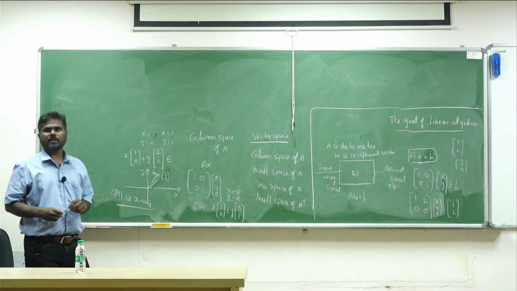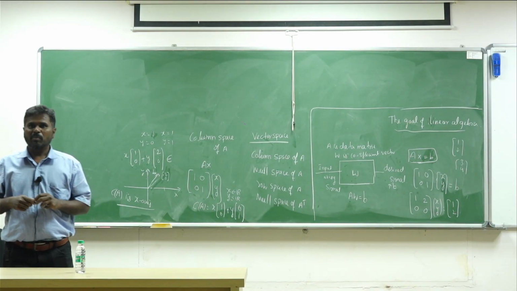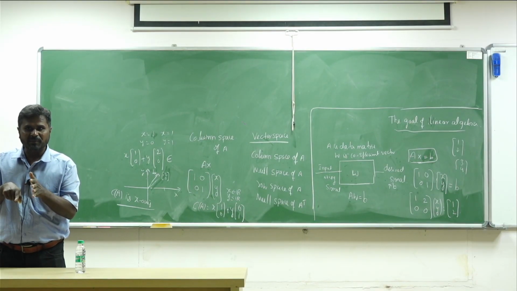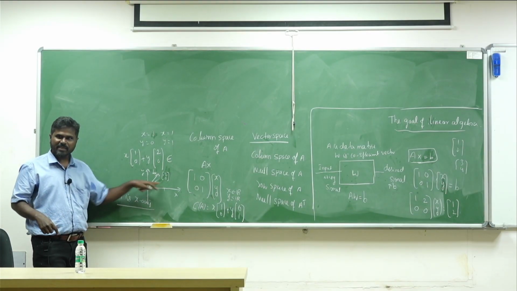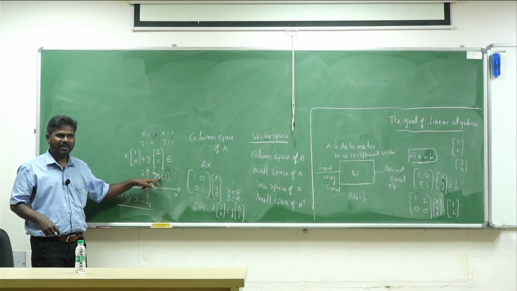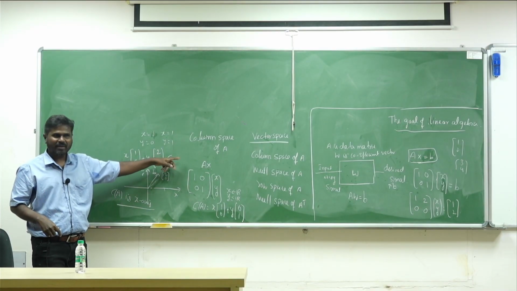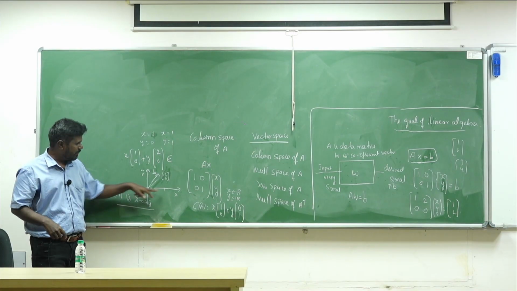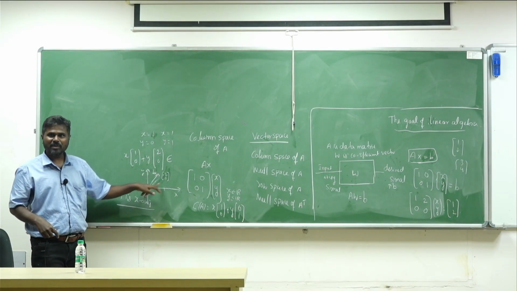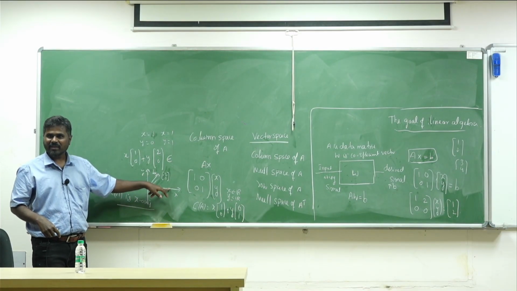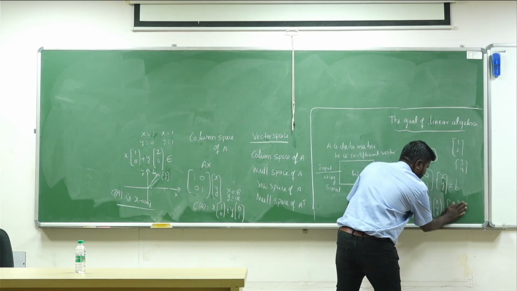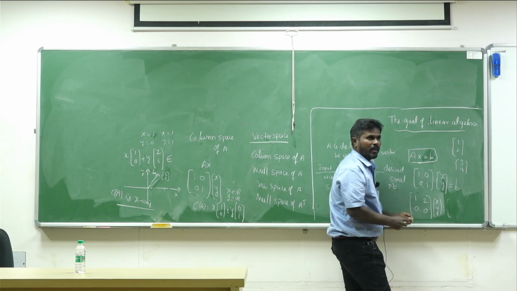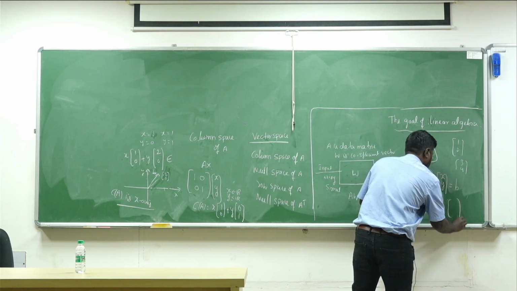Is B coming from the column space of A, from this x-axis? No. B is from somewhere else. B is not from the x-axis.